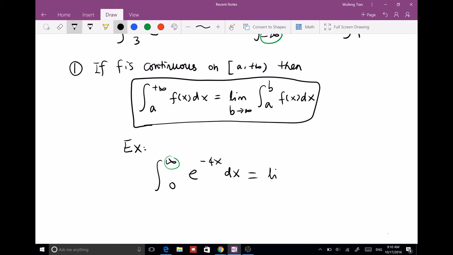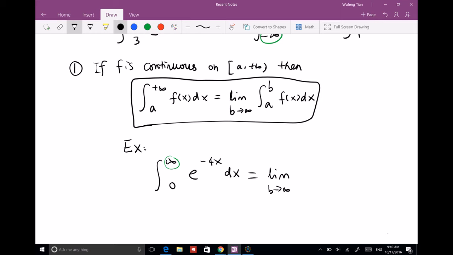You change the upper boundary into a variable b and take the limit as b goes to infinity. b itself is like an upper boundary. Infinity is not a fixed number. You cannot say infinity is something; it never ends. Now I change it into b as a variable. b is something finite, but it approaches infinity.